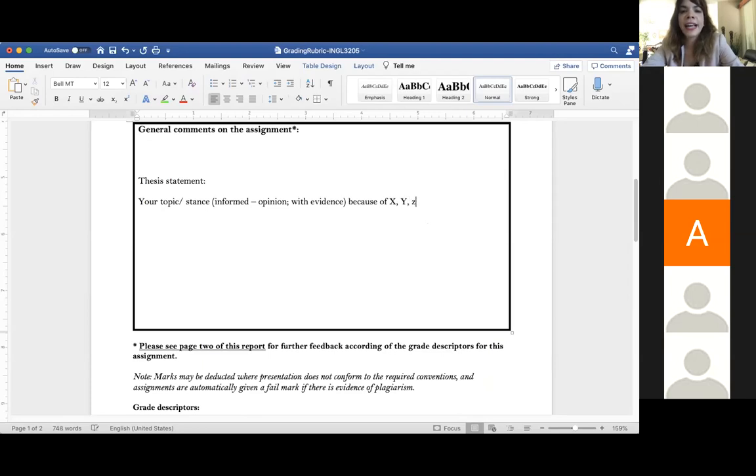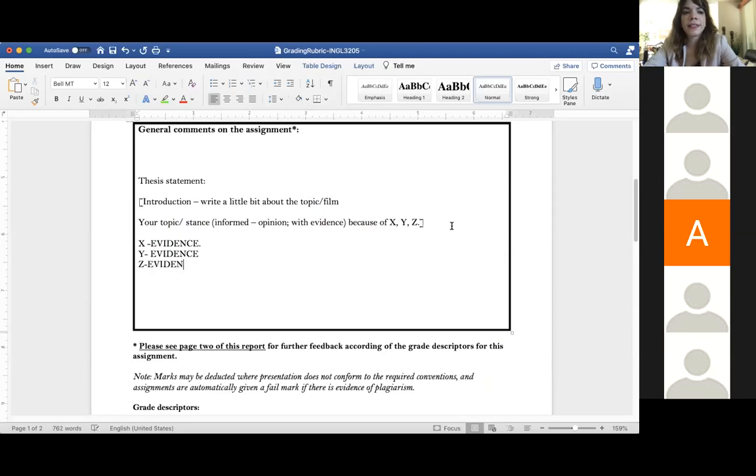And then after your thesis statement, which is in your introduction, where you write a little bit about the topic in a very general way, your body is reason X, razón X, evidencia, razón Y, evidencia, right? That's your body.